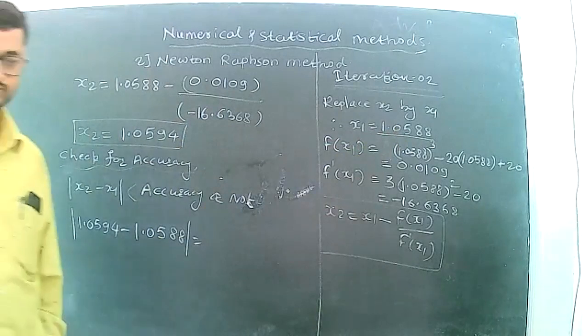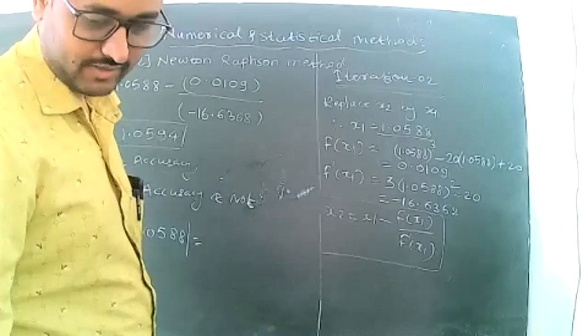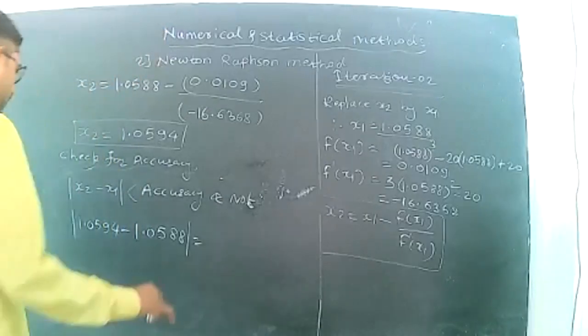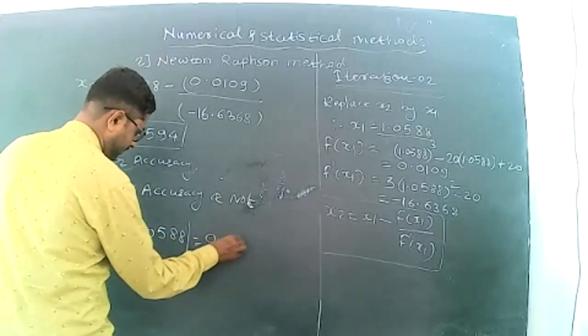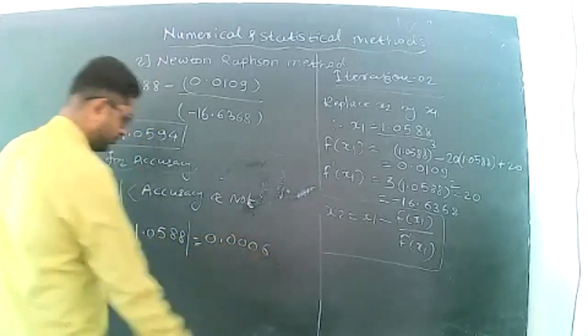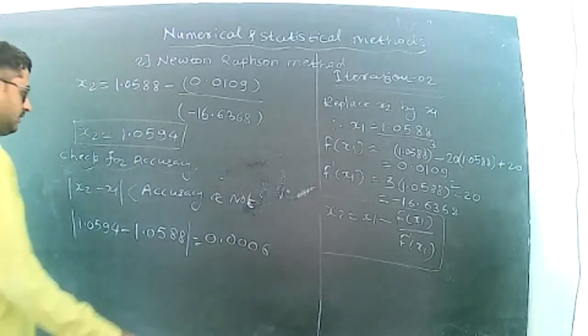By calculation, this mod of x2 minus x1 is 0.0006.